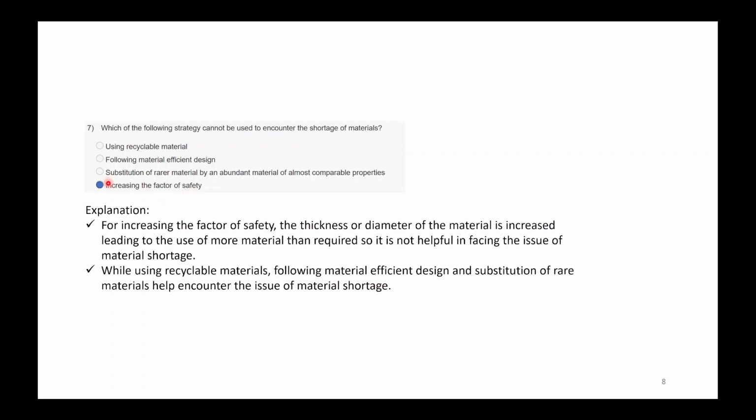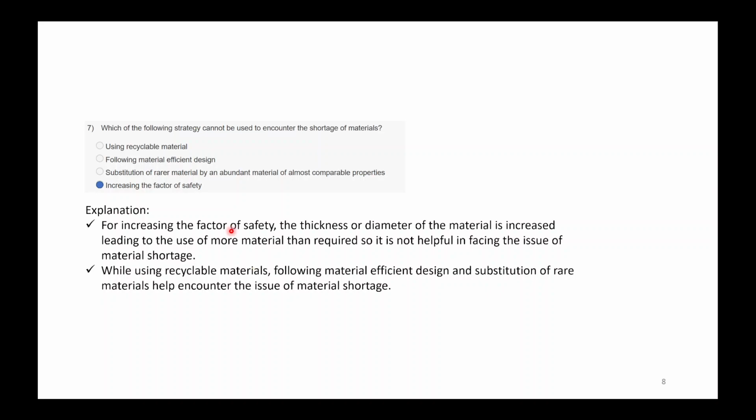Now for increasing the factor of safety, what is a factor of safety? In certain machinery, if we calculate certain strength of that particular design, we find a certain cross section area that will give it safety for a particular load.